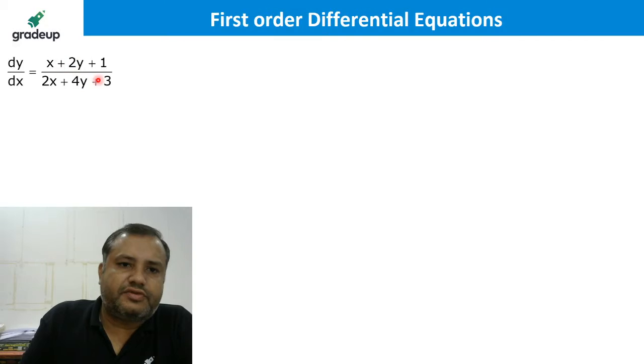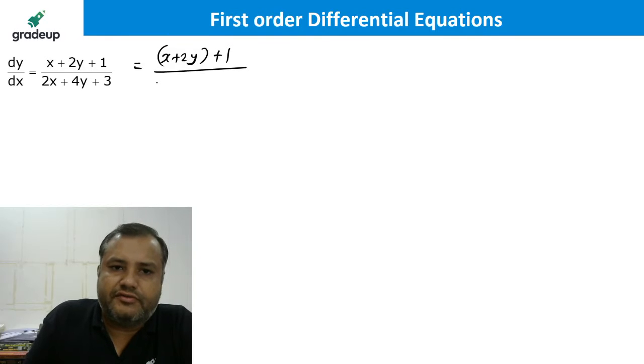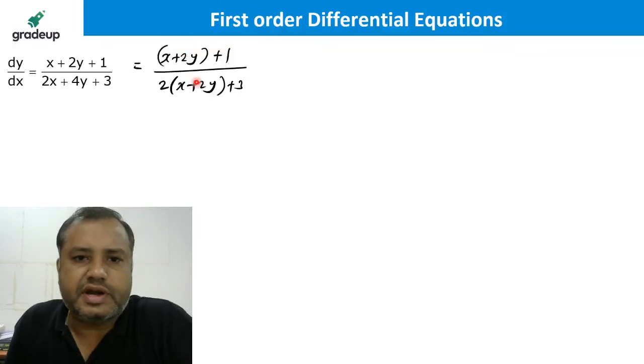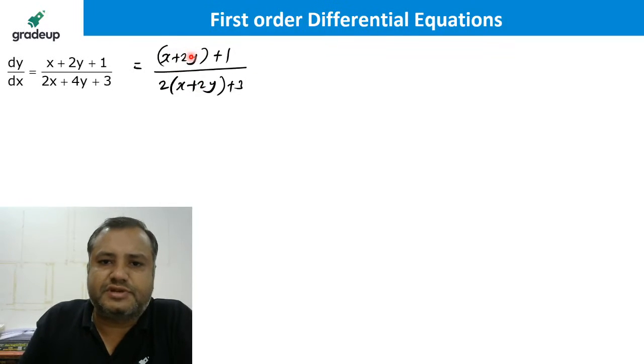In this particular question, x plus 2y plus 1, and from the denominator's first two terms I am taking x plus 2 out, so x plus 2y plus 3. The term which is common in numerator and denominator, you can put this x plus 2y equal to v.